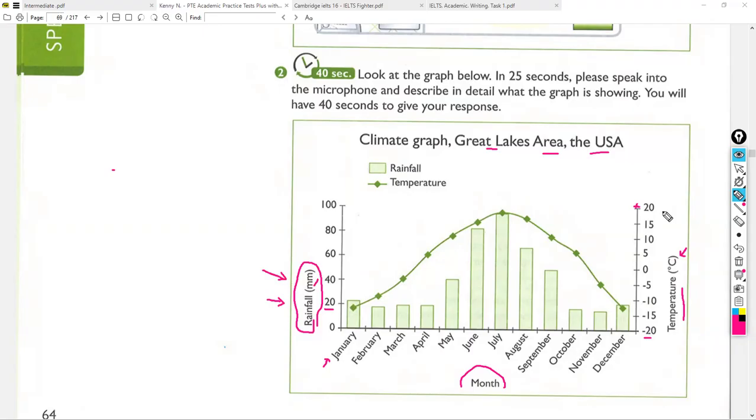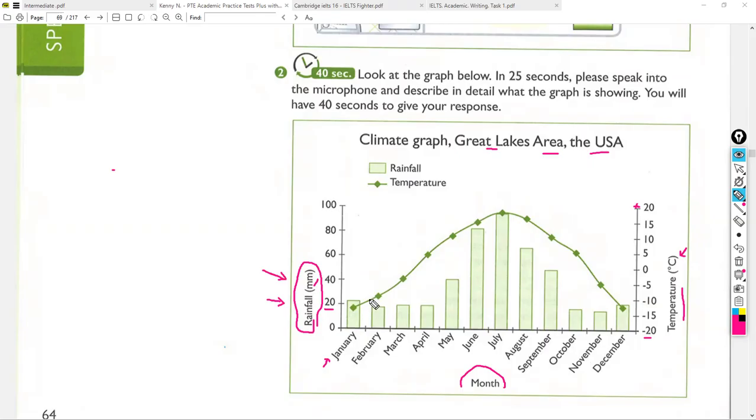So we can see on January the rainfall in millimeters is less than 20, and it starts going up in February, March, April, May.